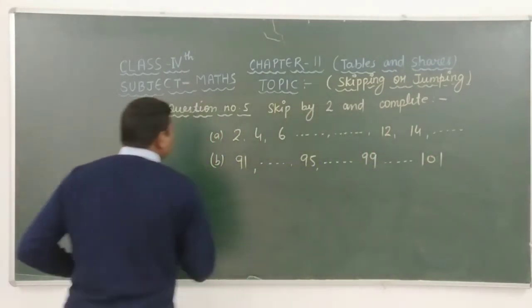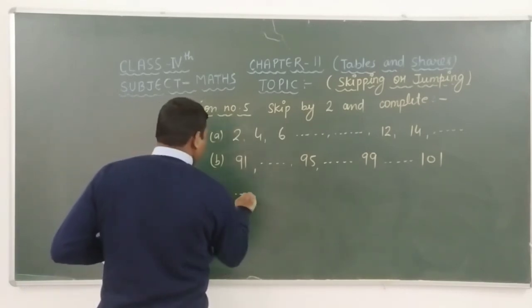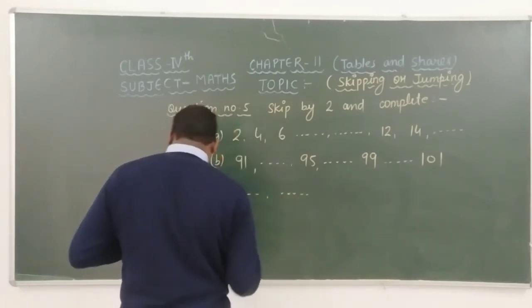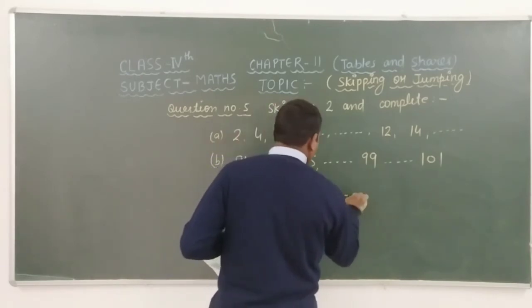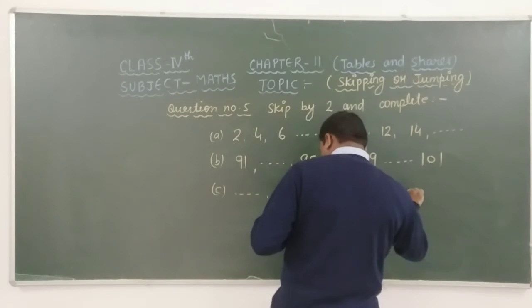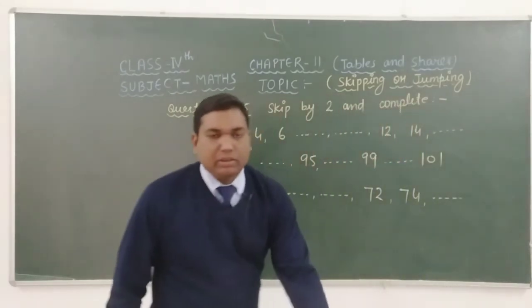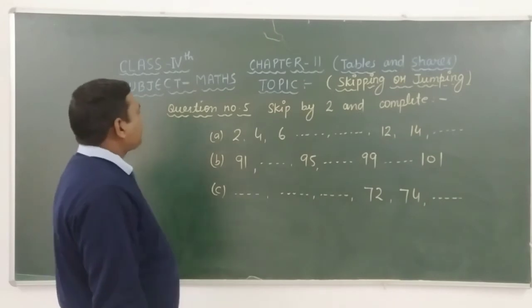And question number 5 of C is dash, dash, dash, 72, 74 and dash.